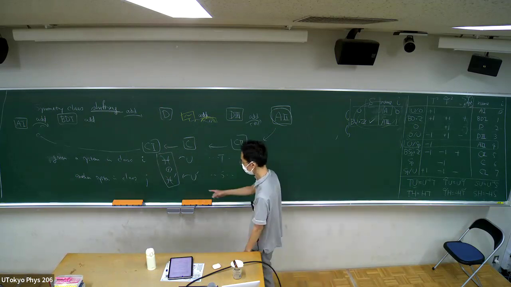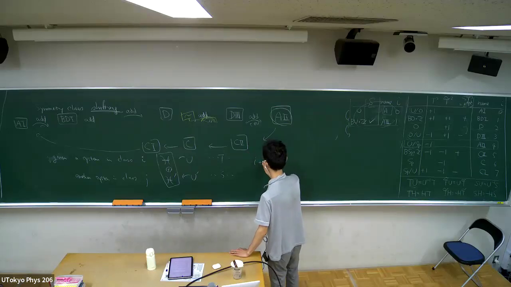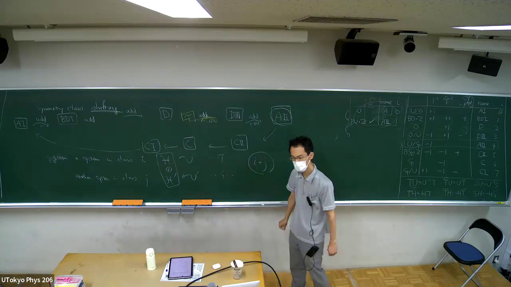So what happens? Well, you can check this computation, and the combined system has class I plus J mod 8.